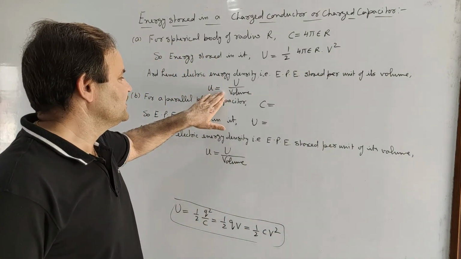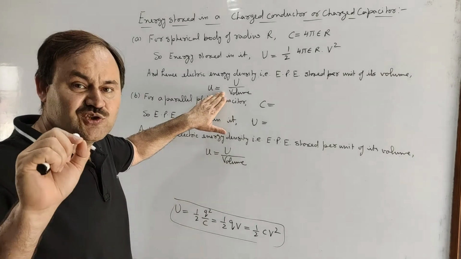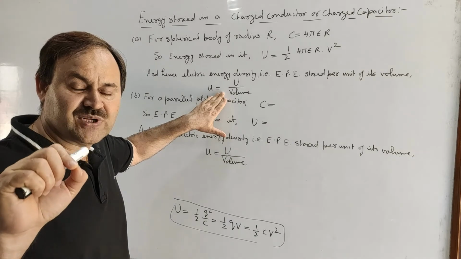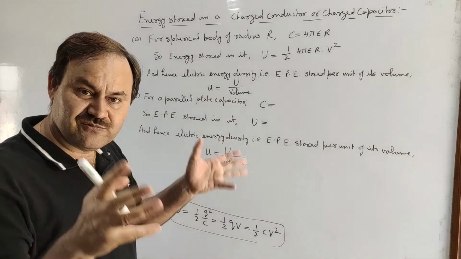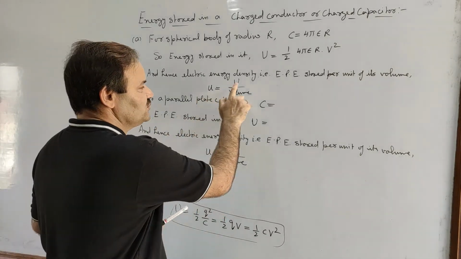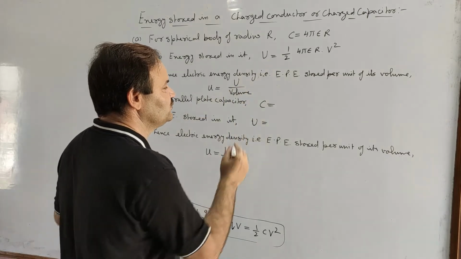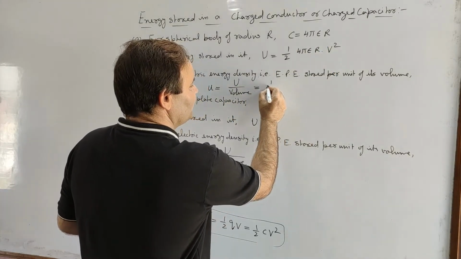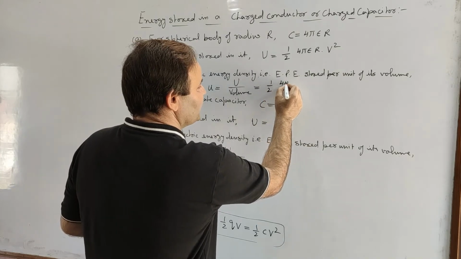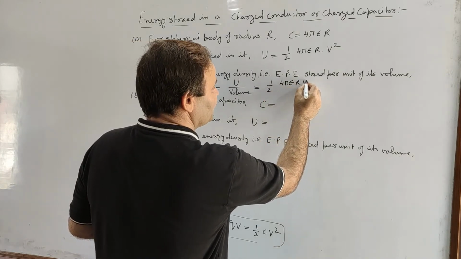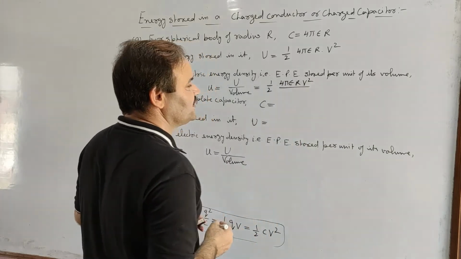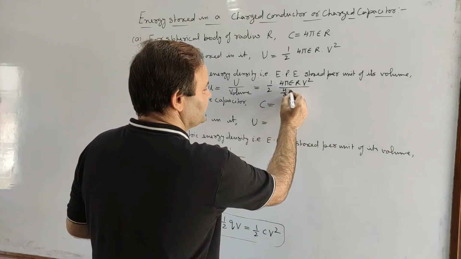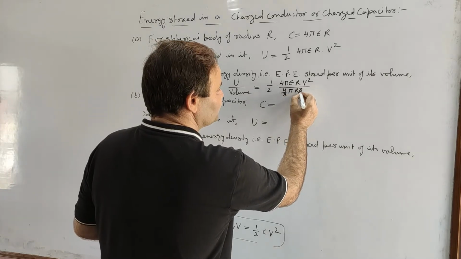And hence the potential energy stored per unit volume of the body, that is electric potential energy density within the body, small u is equal to capital U upon volume, and capital U we have already calculated, half 4 pi epsilon r into capital V square divided by volume of sphere 4 by 3 pi r cube.